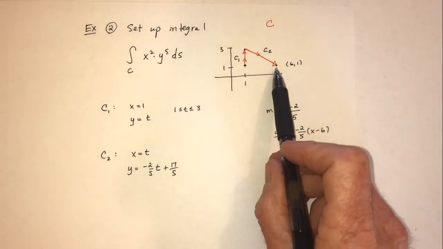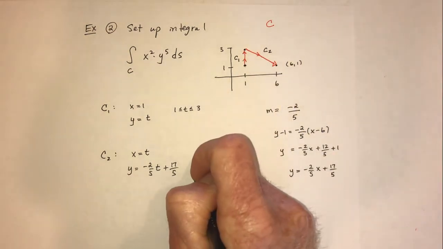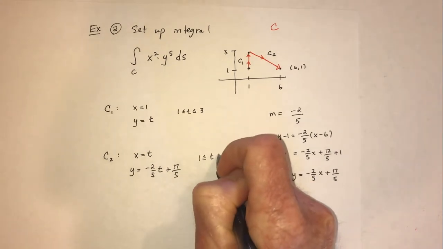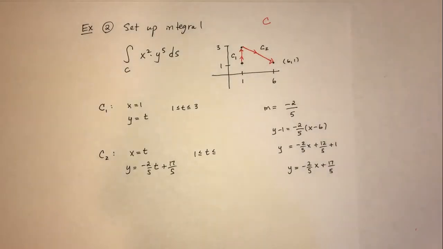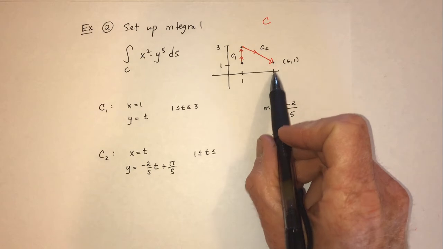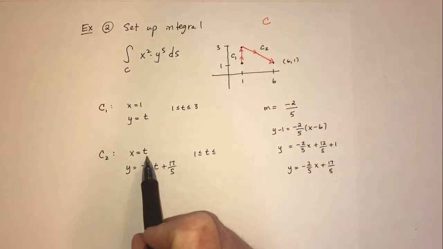And what about over here? Oh, I forgot to write that down. So that means t is going to go from 1 until... what does t equal over here? Over here, x equals 6, so that would say that t equals 6.